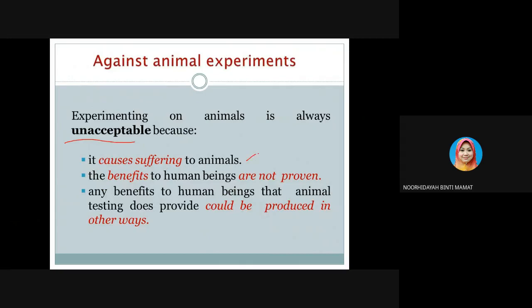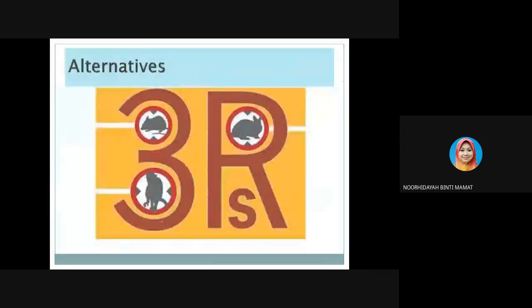We can only accept these types of experiments if the benefits to human beings are proven, and any benefit to human beings that animal testing does provide could be produced in other ways, which means we can use other methods to reach our objective besides using animals in our experiments. So because of that, we have alternatives rather than using animals in our experiments.